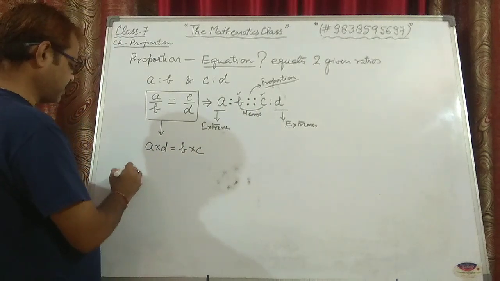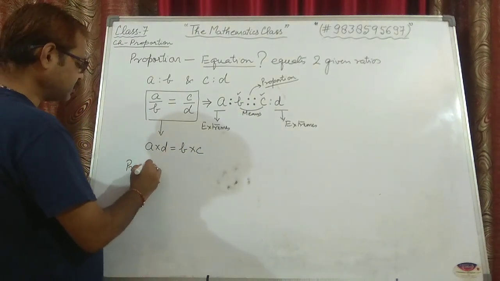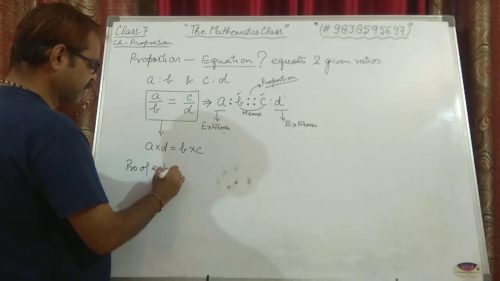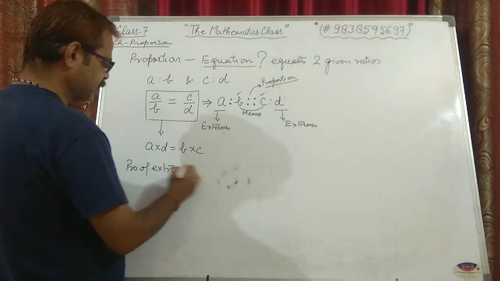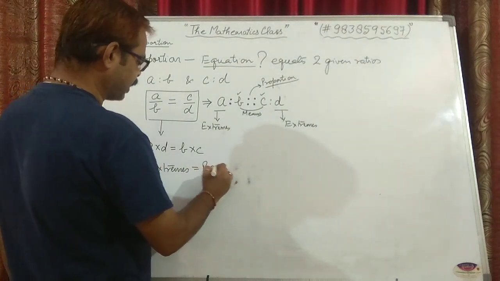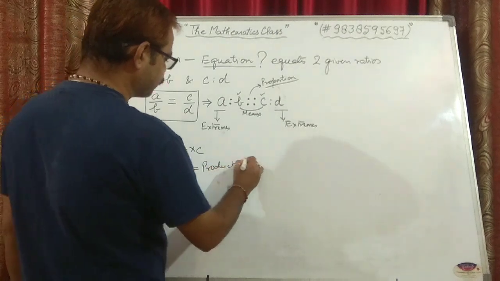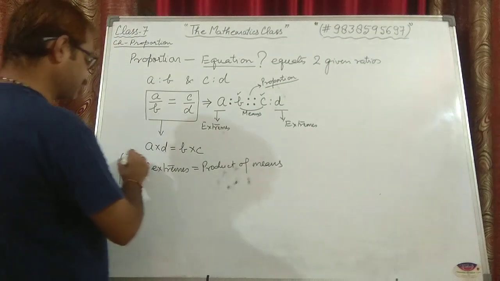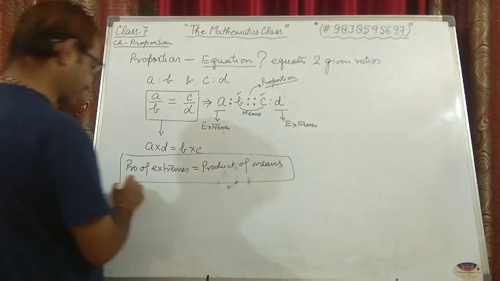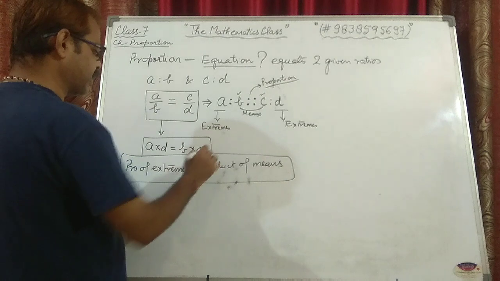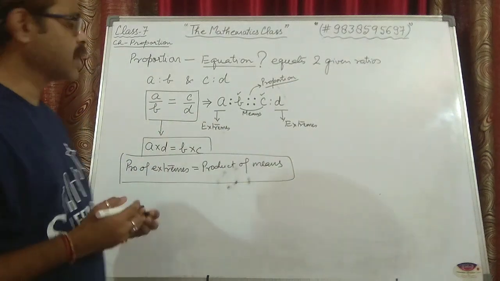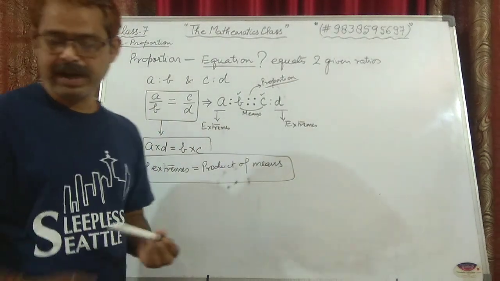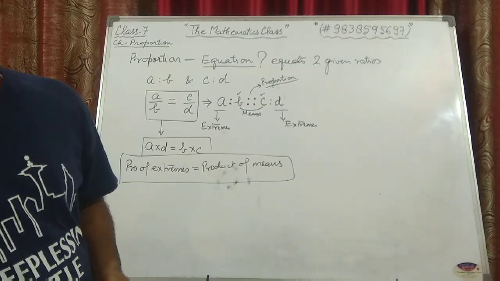So in the proportion we can say that product of extremes is equal to product of means. That is a formula which we need to memorize or remember, either in this form or in this form. These are the important things that we need to remember.